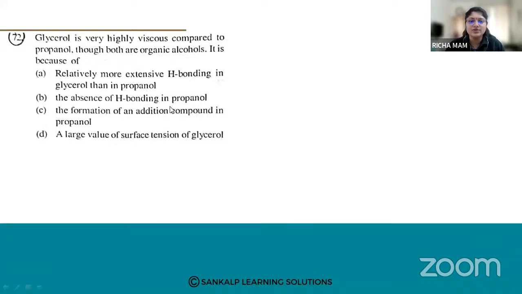B, the absence of hydrogen bonding in propanol. C, the formation of an addition compound in propanol. D, a large value of surface tension of glycerol. Tasmiya has answered A. Others?